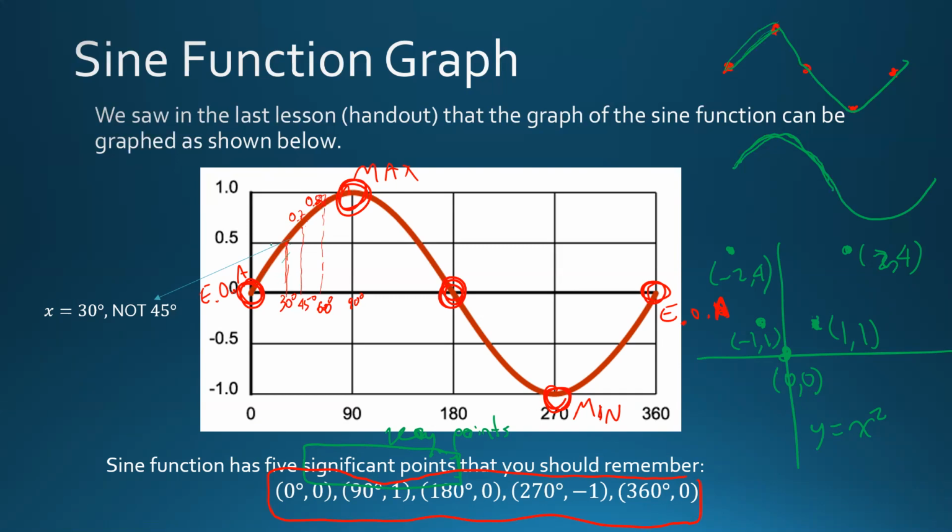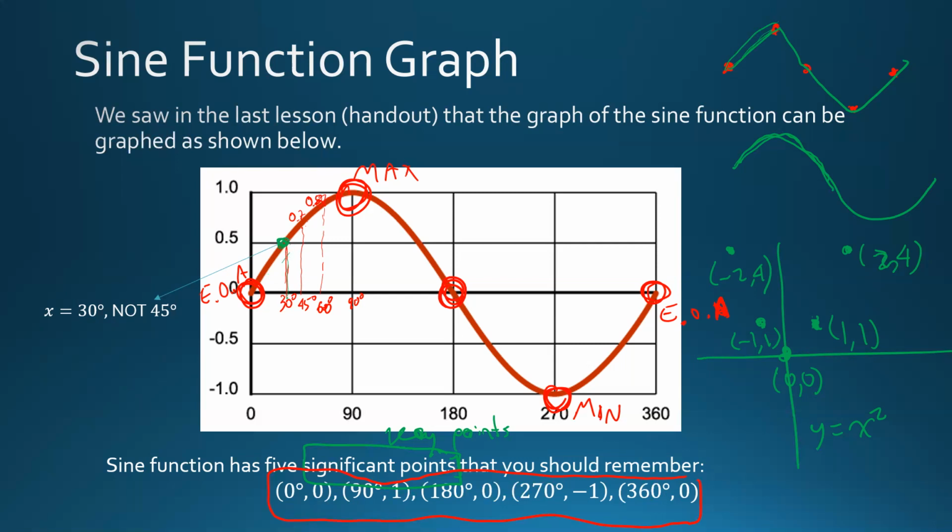That's actually why I made a point of saying that a lot of people get confused about this point right here. They think it would match up with 45 degrees because it looks like it. You would think, oh, 0.5, it's between 0 and 1. Because the sine ratio at 0 degrees is 0 and the sine ratio at 90 degrees is 1, you would think that the sine ratio at 45 degrees would be 0.5, but that's not the case.